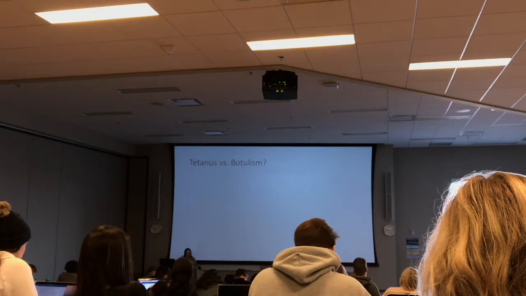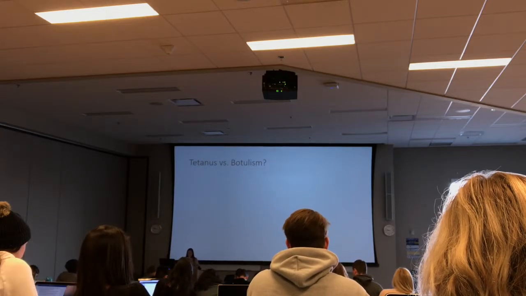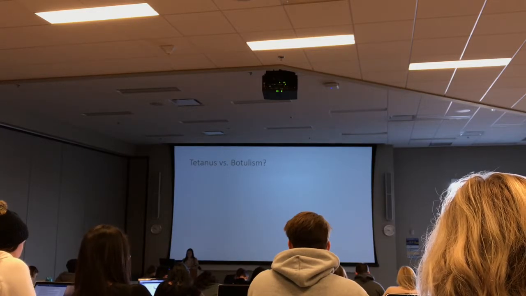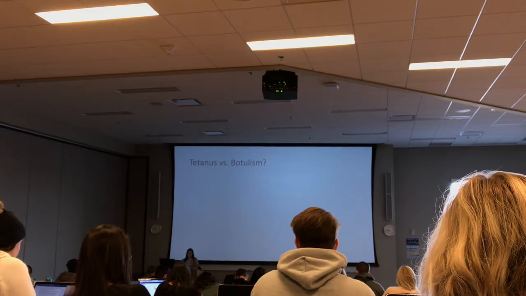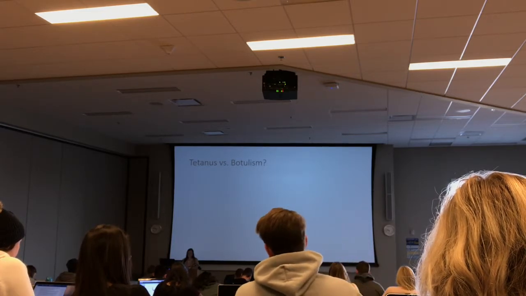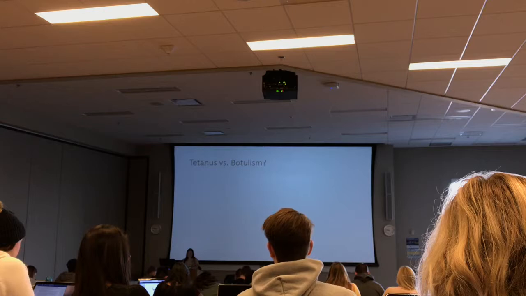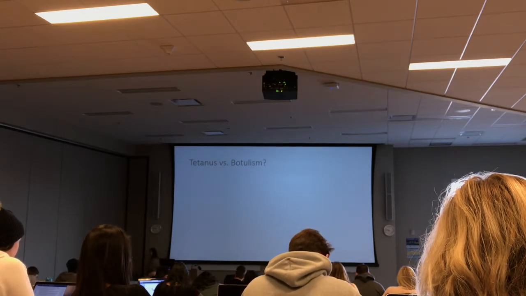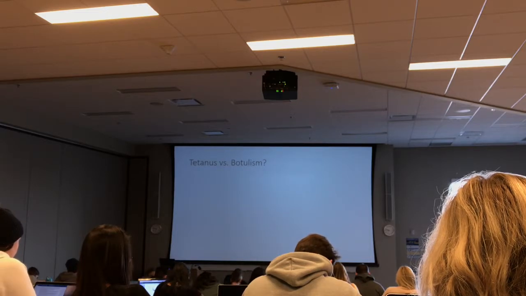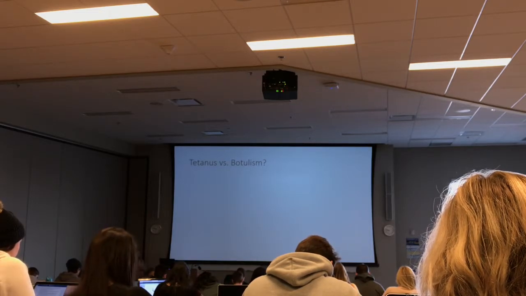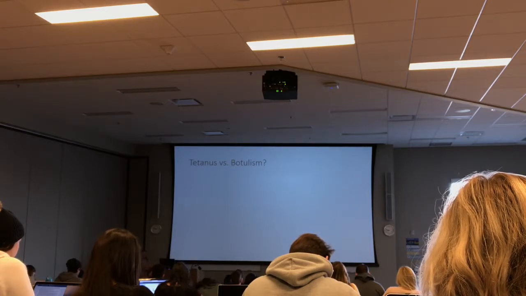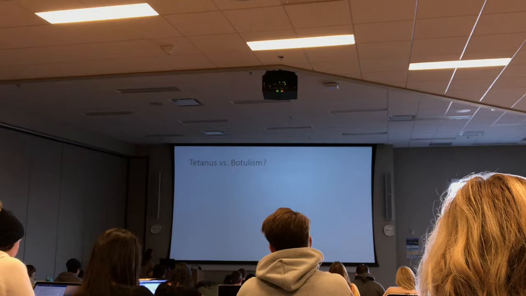So, cells that are affected. For tetanus, what cells are affected? Inhibitory neurons. The inhibitory neurons produce what? The inhibitory neurotransmitters. And what are the two inhibitory neurotransmitters?